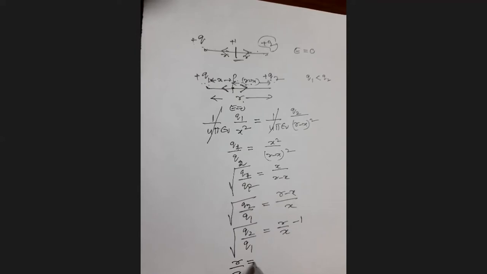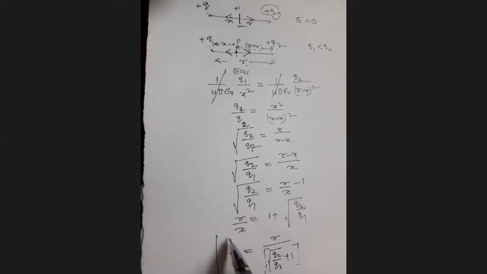So r by x is equal to 1 plus root of q2 by q1. From this, x is equal to r by (1 plus root q2 by q1). This is the location of the null point from the smaller charge.